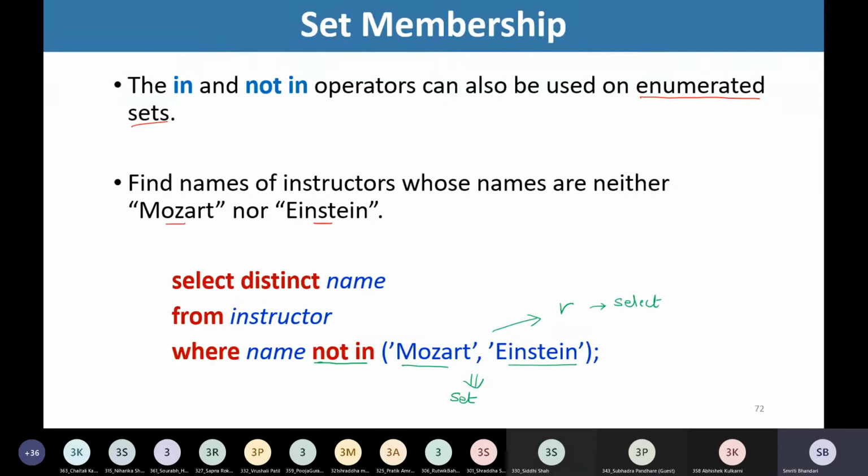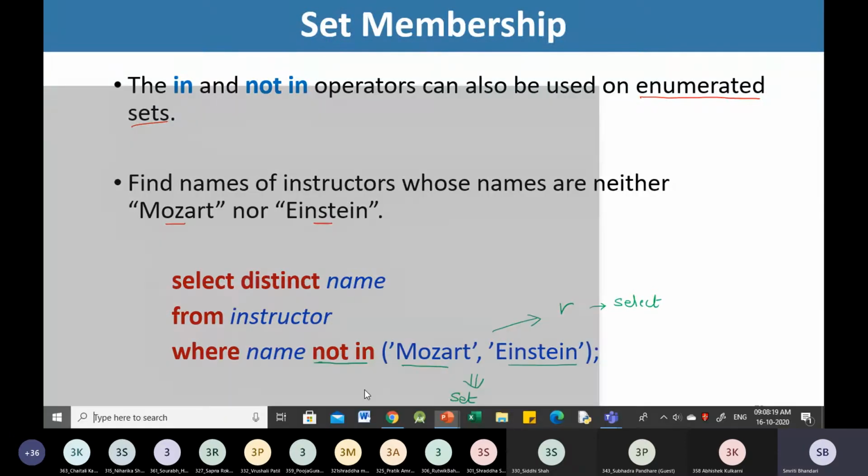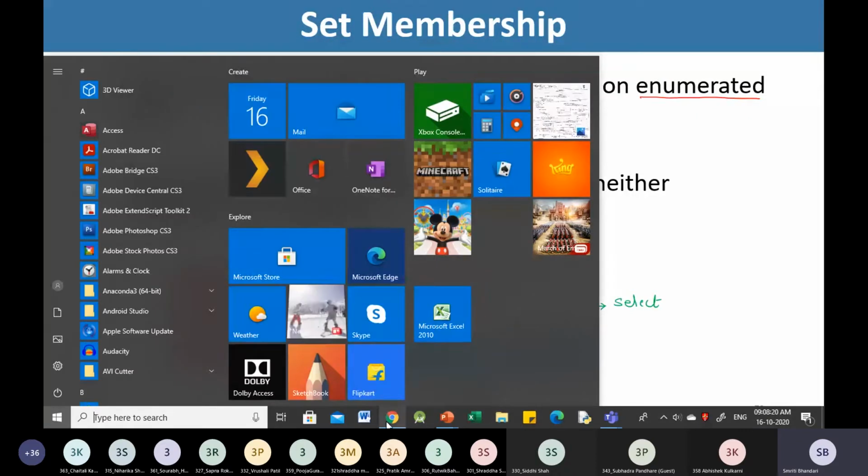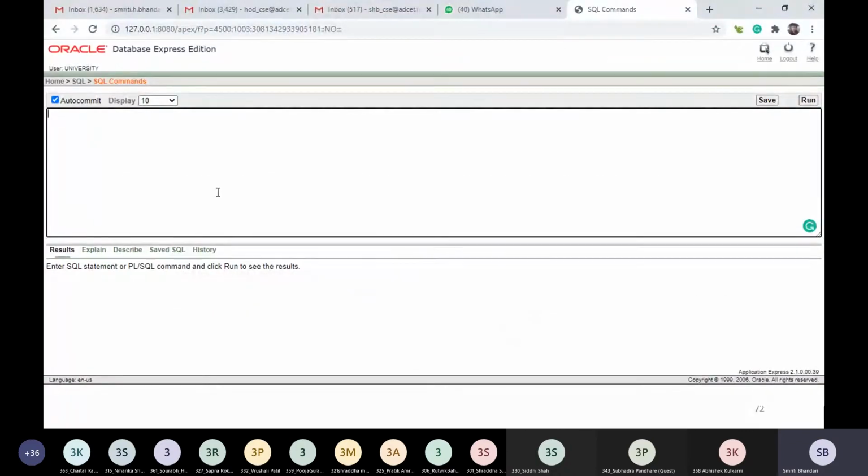Let's see now how we can implement it in Oracle. Let's first list out all the attributes from the instructor table.